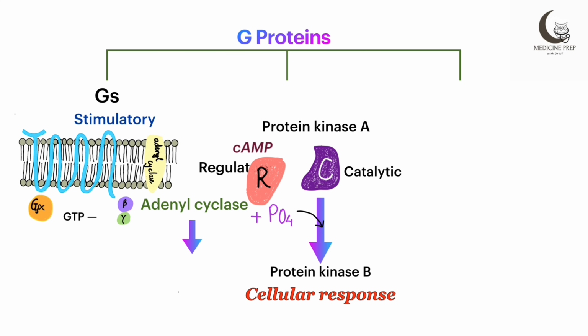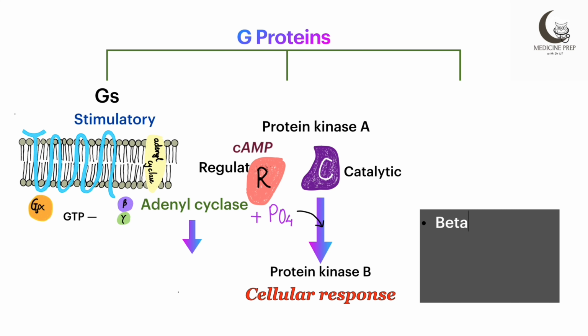Remember, all kinases add phosphate groups to subsequent proteins. Now, common GS receptors are beta adrenergic receptors, glucagon, histamine receptors, and serotonin receptors.